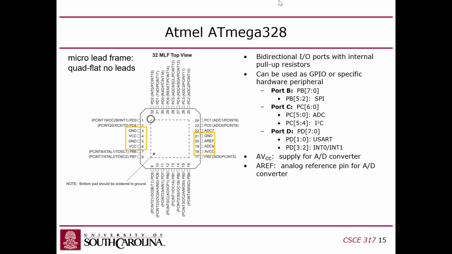A lot of times with an Arduino, it'll be in a DIP package, a dual inline package. We're using this one that we bought for the kits, in a quad flat no leads package. It's a smaller form factor with pins on 4 sides, 8 pins on each side, 32 total pins. There's generally about 32 pins on these chips, depending on the package.